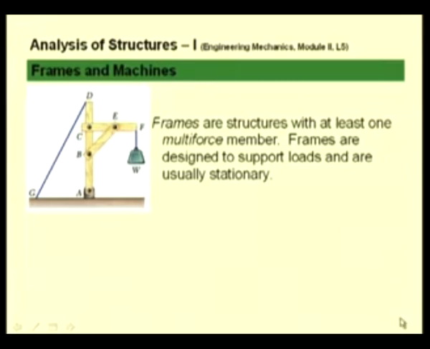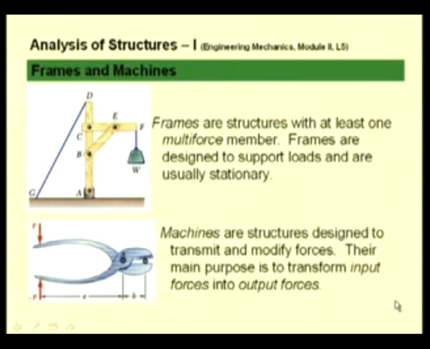The other class of structures which also come under this category are machines, which also have two force as well as multi force members. But the primary purpose of machines is to modify and transmit forces. As you see here, an example of a plier which is used to hold this wire.